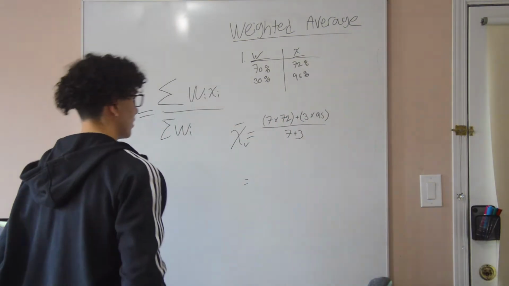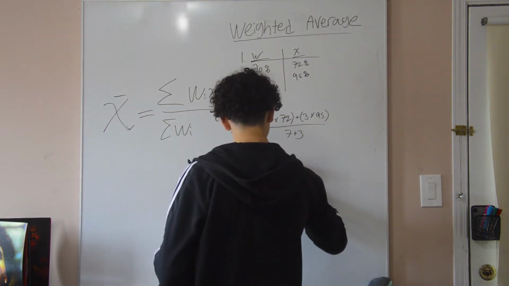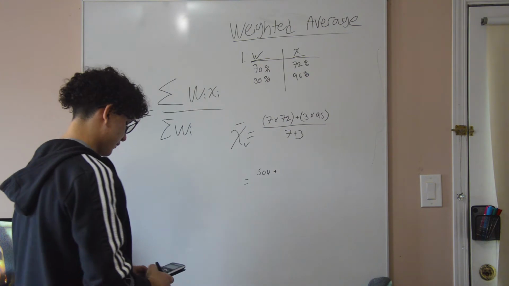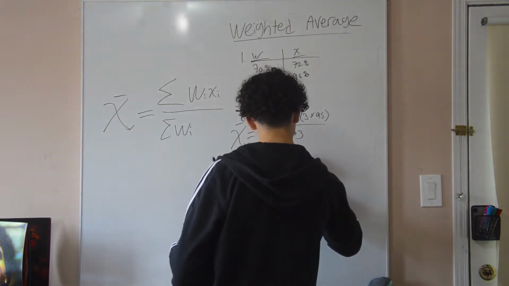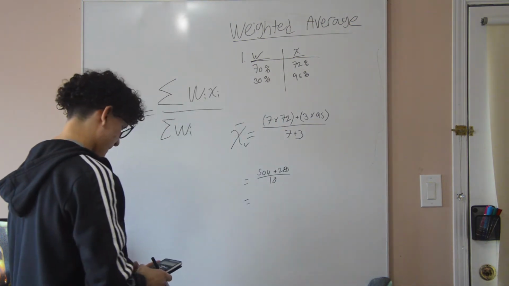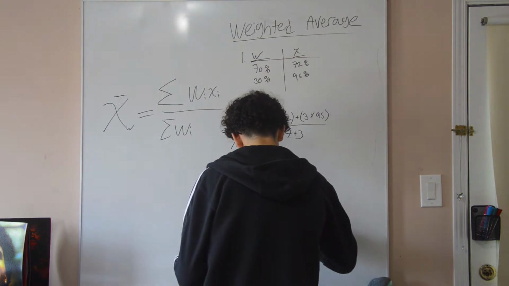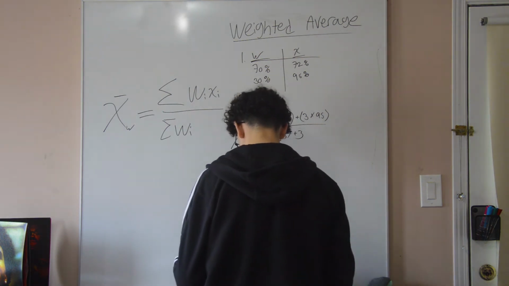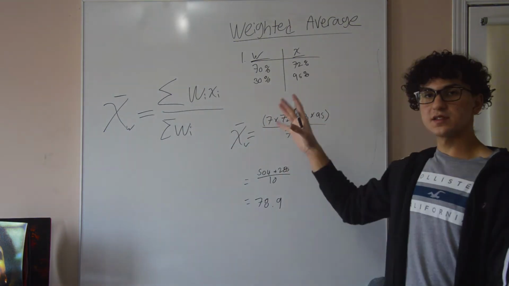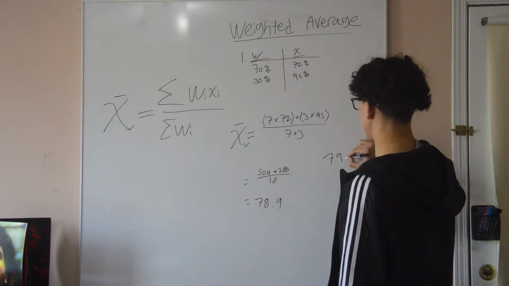So real quick, pull out your calculator. 7 times 72 is 504, plus 3 times 95, which is 285, all this over 10. And we get 78.9. So in this situation, you would finish the class with a 79% average.